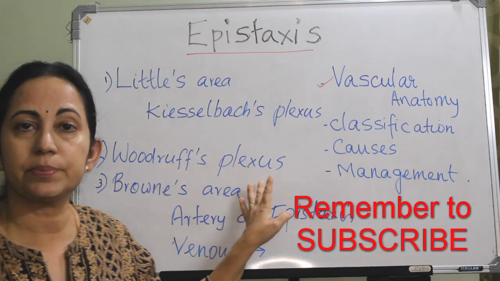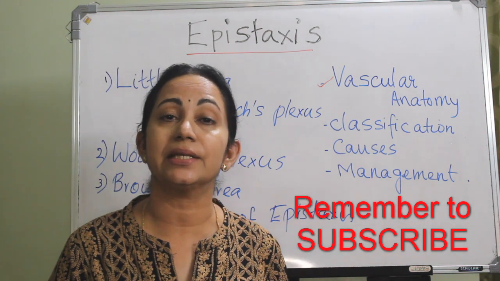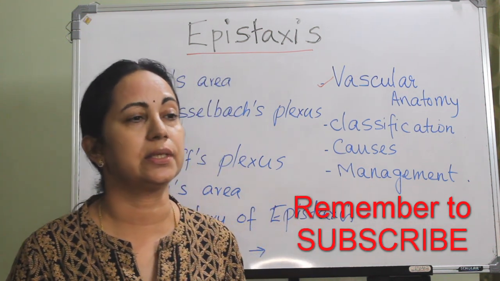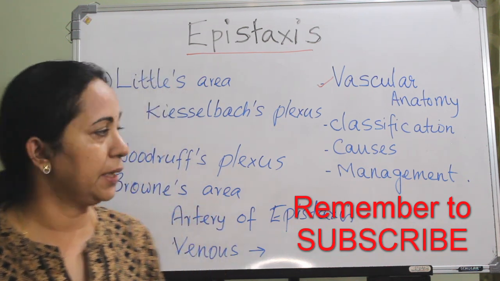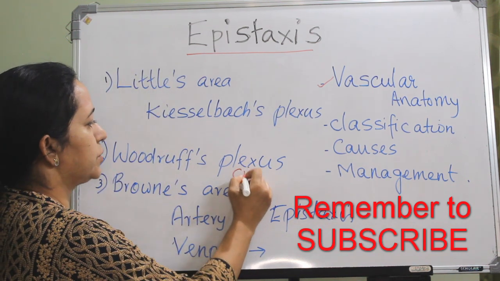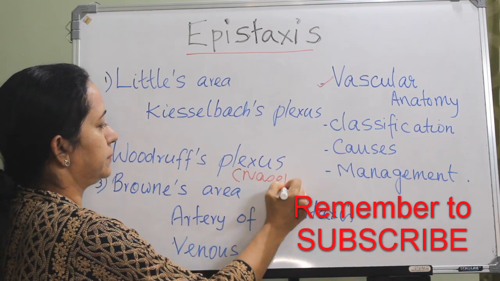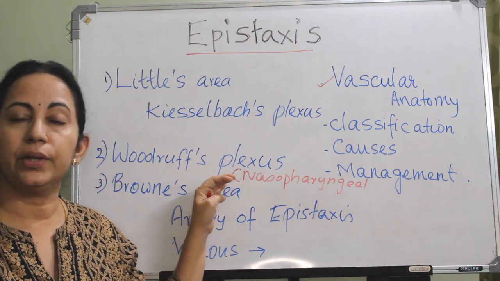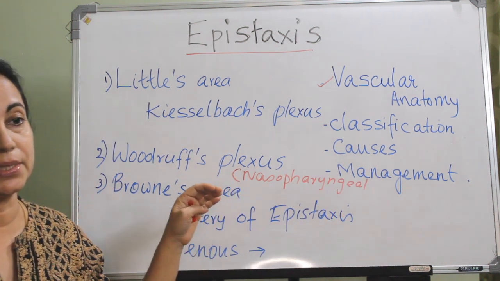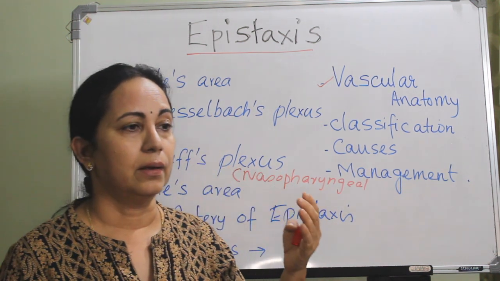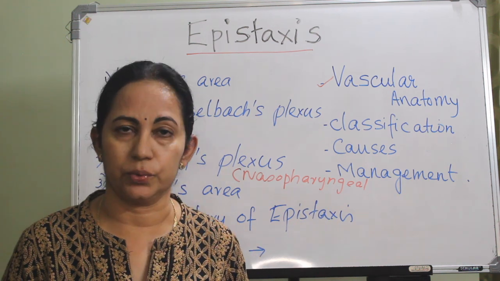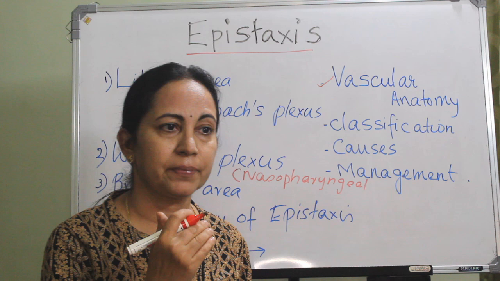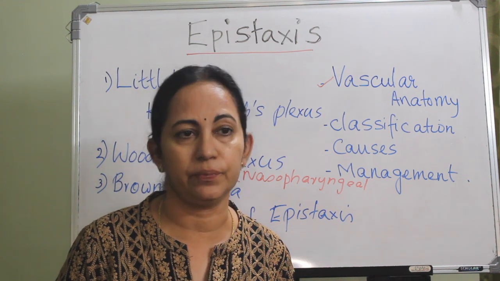Woodruff's plexus is a submucosal venous plexus which is situated in the posterior part of the lateral wall of nose. It is otherwise called the nasopharyngeal plexus. More precisely, it is inferior to the posterior end of the inferior turbinate.